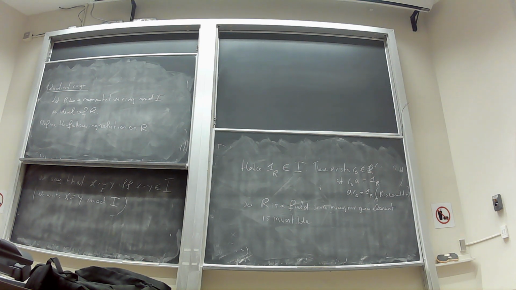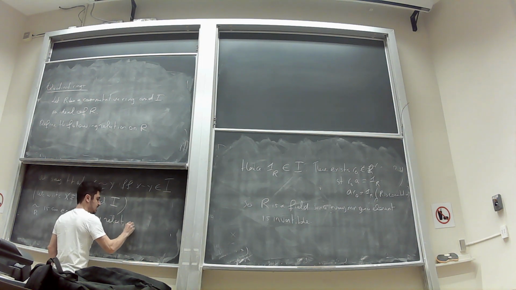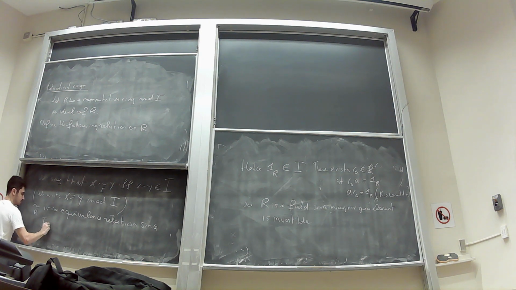The relation on R, x related to y if and only if x minus y belongs to I, is an equivalence relation on R. Why is that? Since I is a subgroup of R, right?